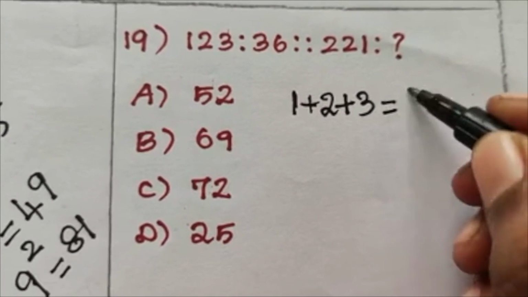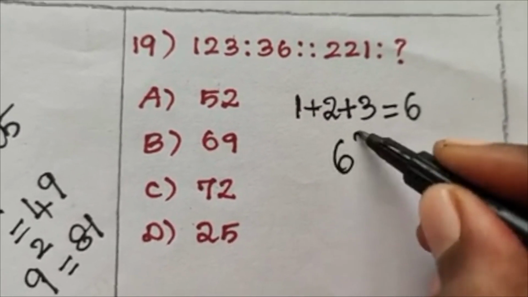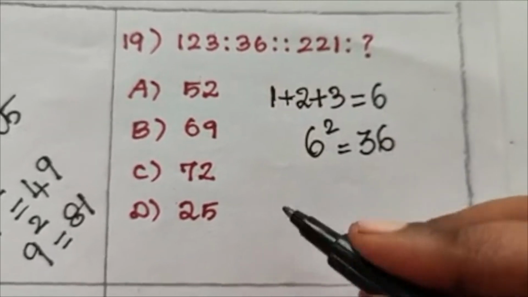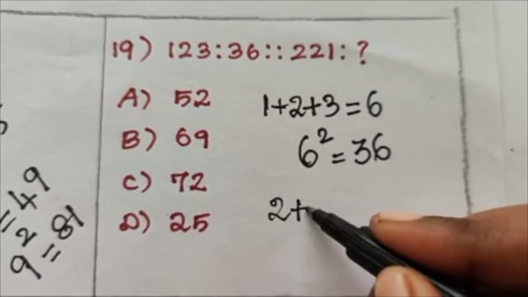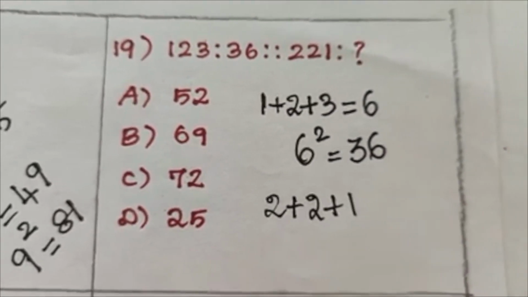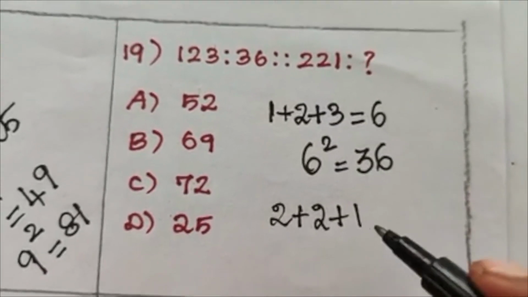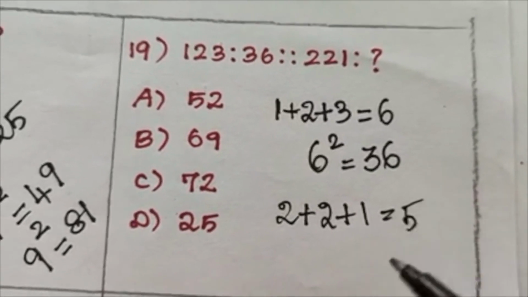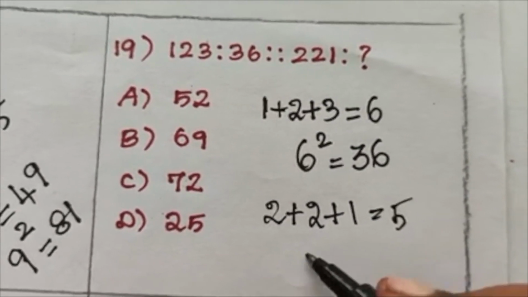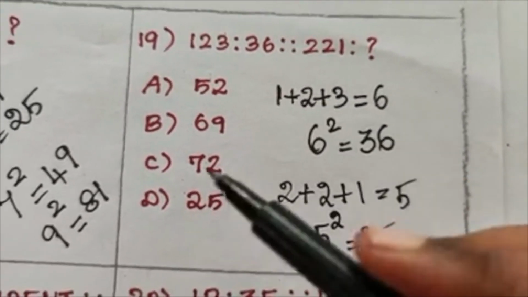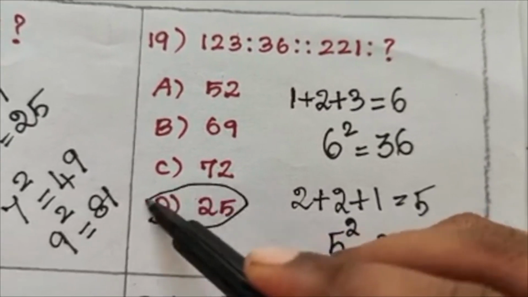What is 6 square? 36. Similarly, here 2 plus 2 plus 1. So I consider the third term as 2 plus 2 plus 1, which is equal to 5. Now we want to find the square number. What is 5 square? 25. So the right answer is option D, 25.